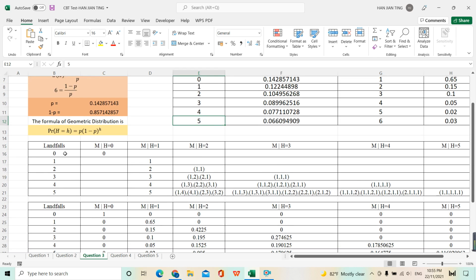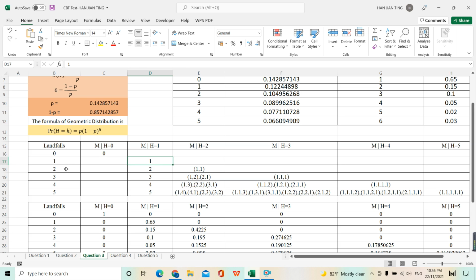So here are the landfalls for 0 until 5. When the landfall is 0, there is just one situation, which is 0 hurricanes, and m also equals 0 because there are no hurricanes. When the landfall equals 1, there is one hurricane and m equals 1.